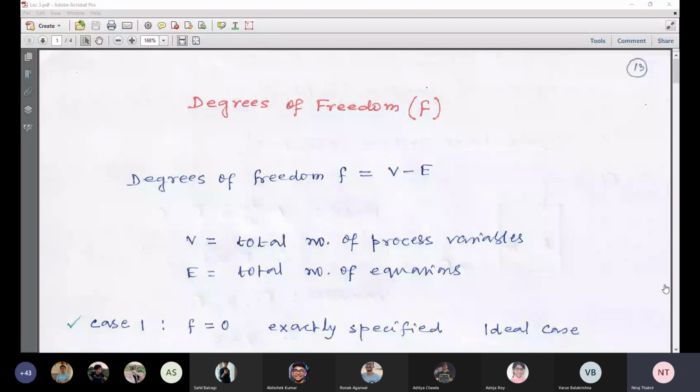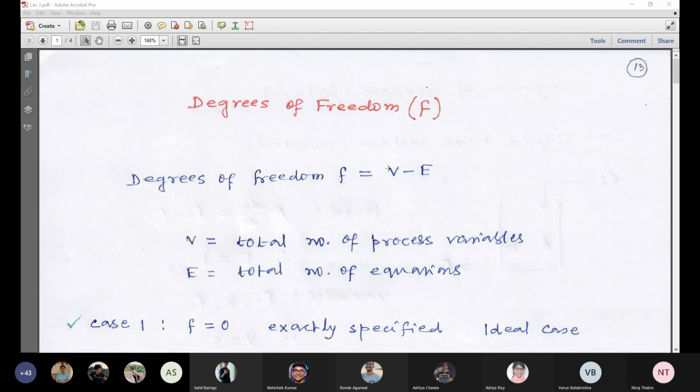Degrees of freedom. Our next topic is degrees of freedom. Now here degrees of freedom we are denoting by small f, and this small f equal to V minus E. V represents the variables and capital E represents the equations.